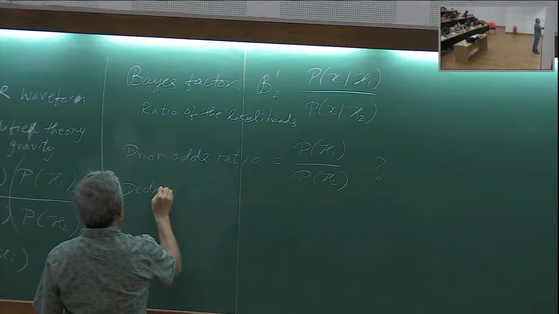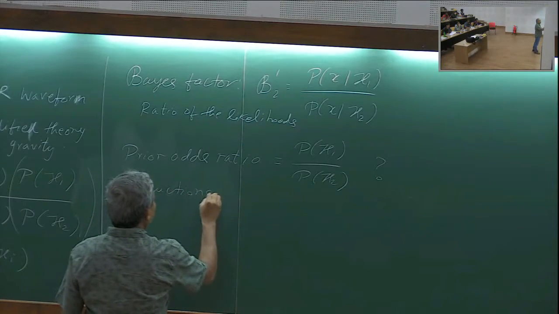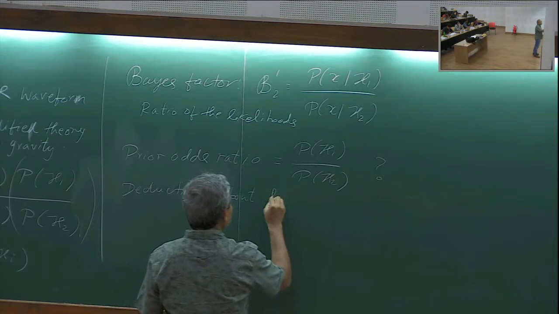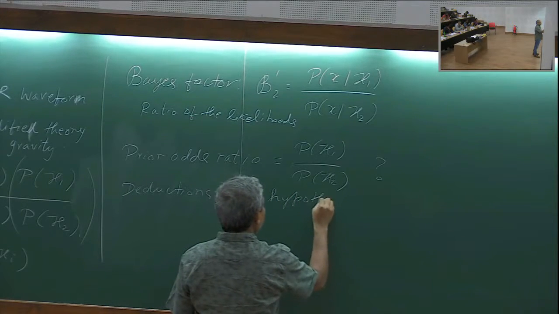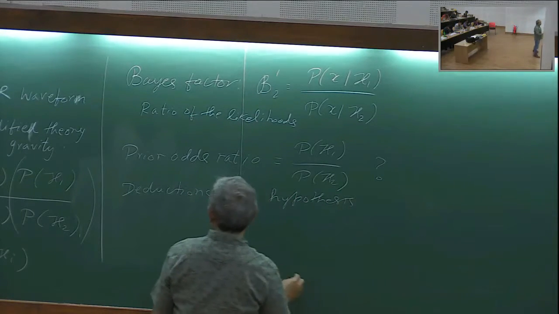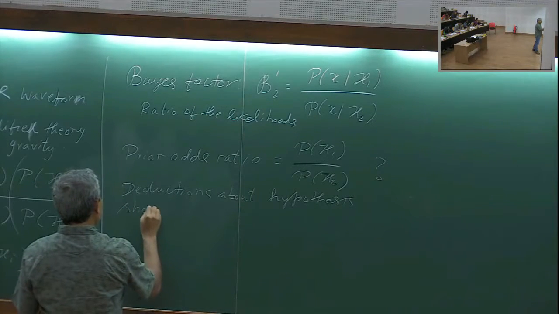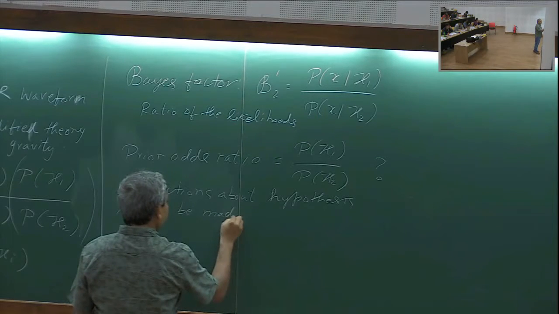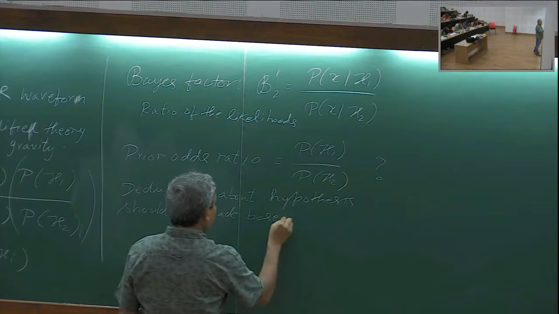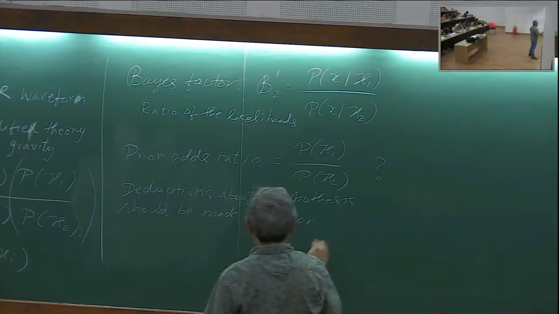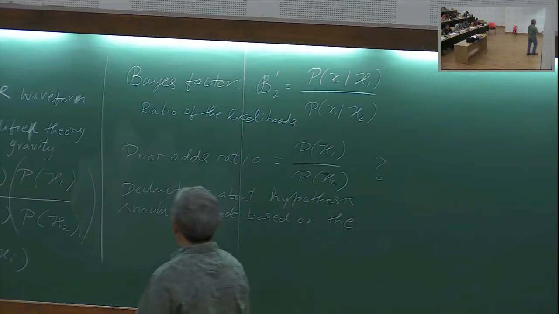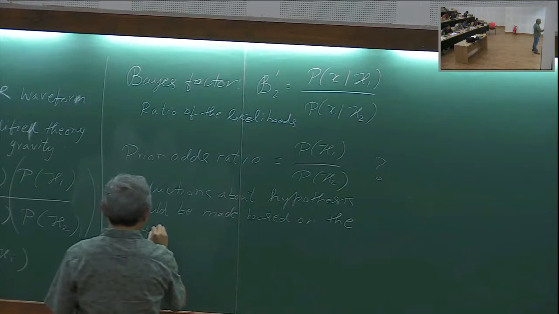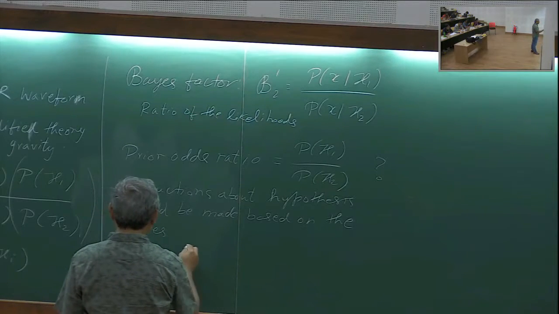Deductions about models or hypotheses should be made based on the Bayes factor. And you will see this in some of the slides that I'm going to show you later.